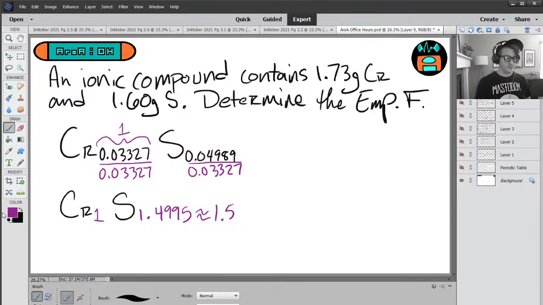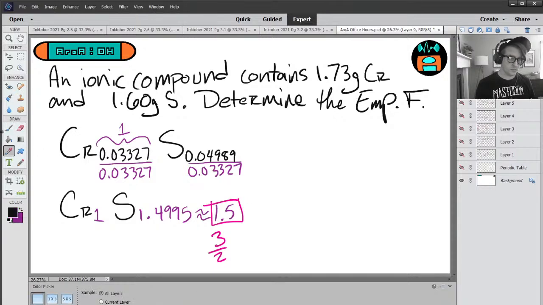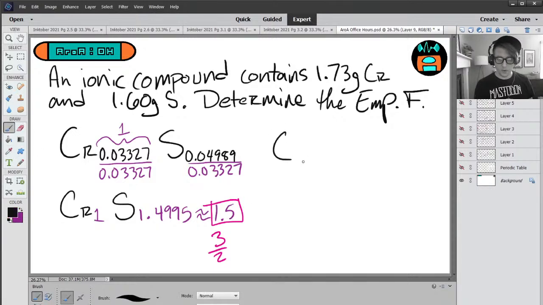i.e. 1.5. Now, the way to move forward here is to rewrite this decimal as a fraction. 1.5 is 3 over 2. So if you write this as chromium 1, sulfur 3/2.